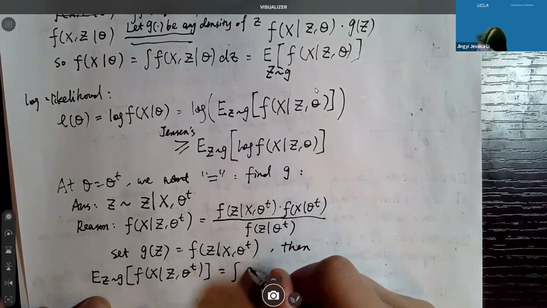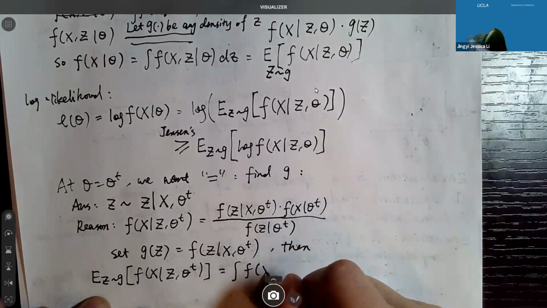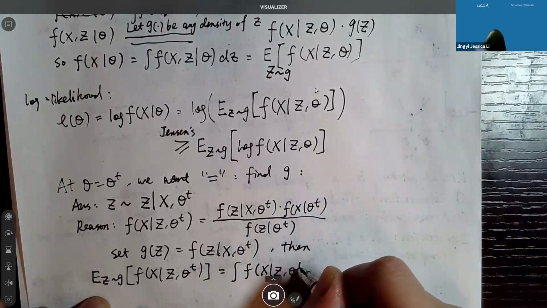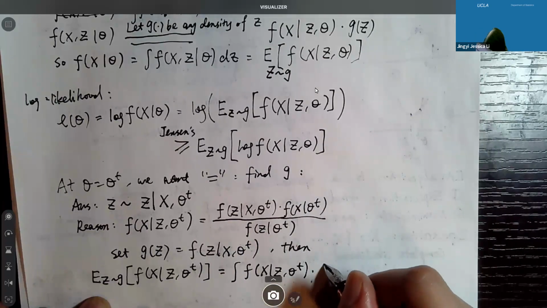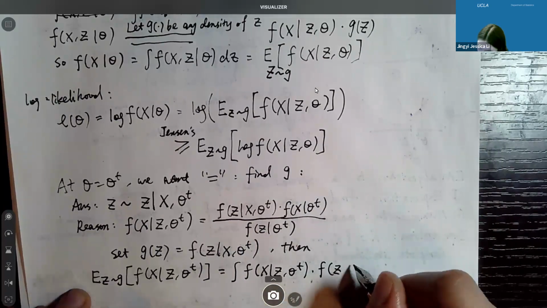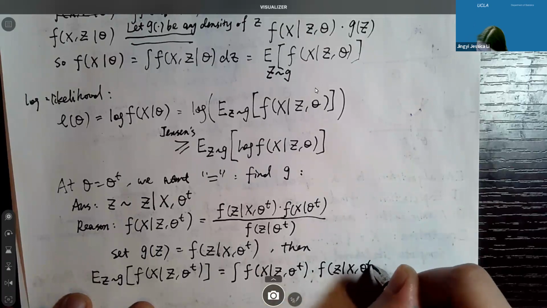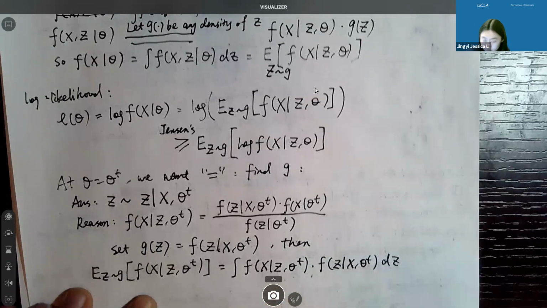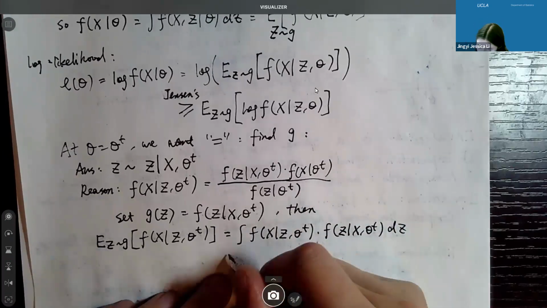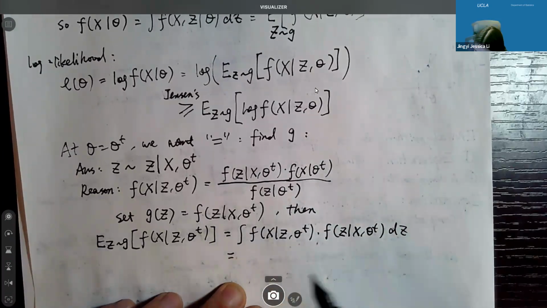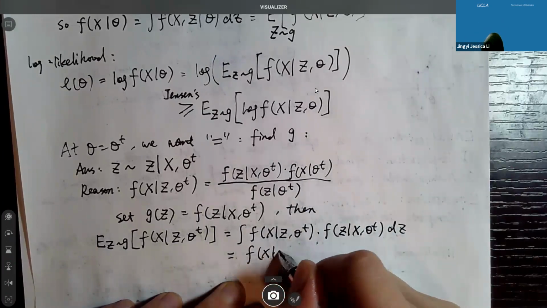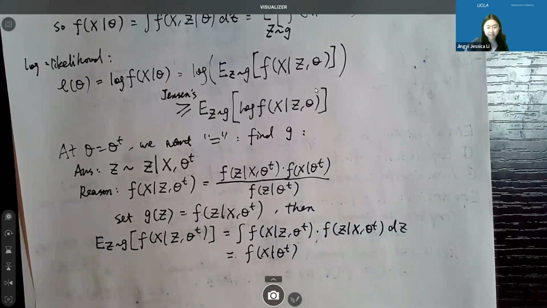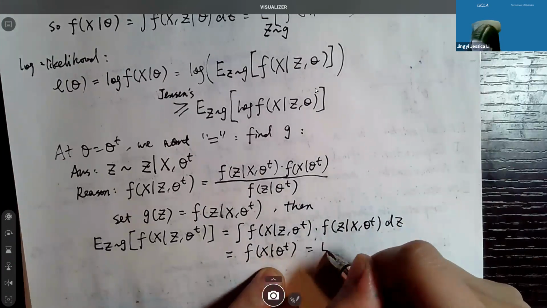So we are going to do f(x | z, theta_t), no problem. And then g will come in, and g is f(z | x, theta_t) dz. And this is what? If we open it up, we are just having f(x | theta_t), and that's exactly our likelihood at theta_t.